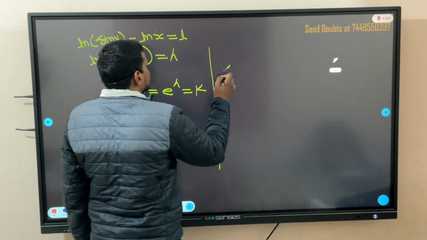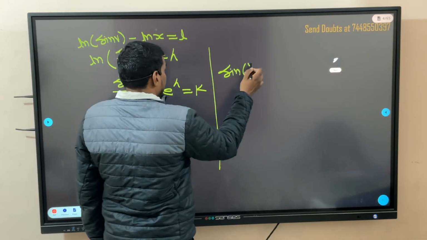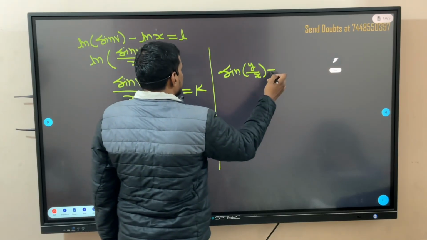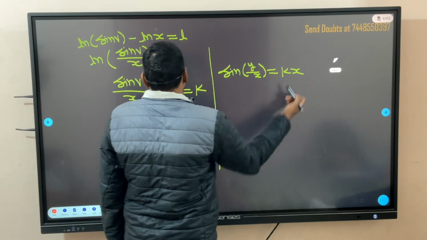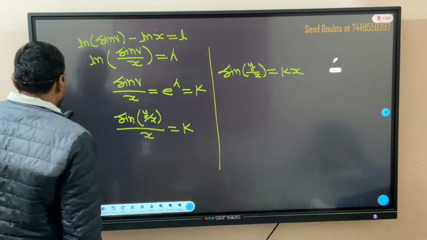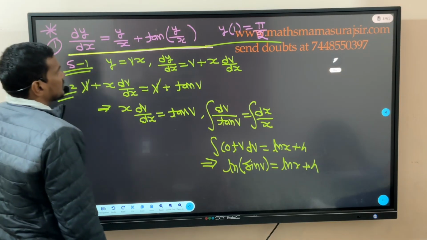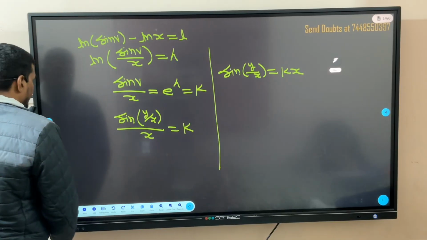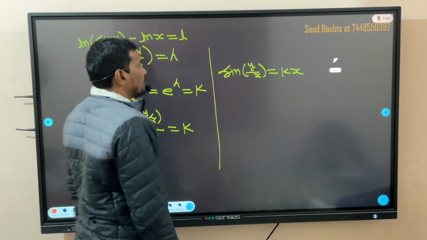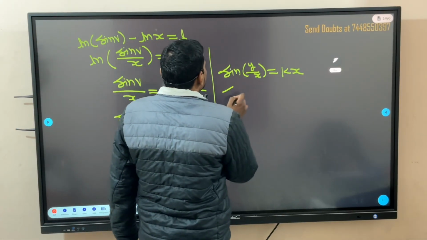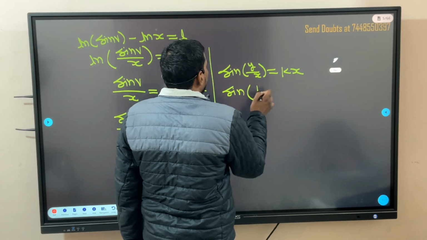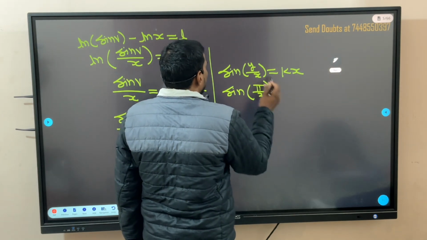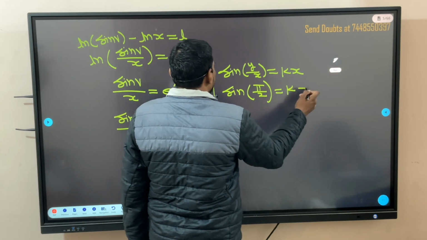Finally we get, guys, sine of y by x equals kx, right? And after this, y of 1 is pi by 2, that's given here. If y of 1 is pi by 2, so sine of pi by 2, with x equal to 1 and y equal to pi by 2, gives k as 1.